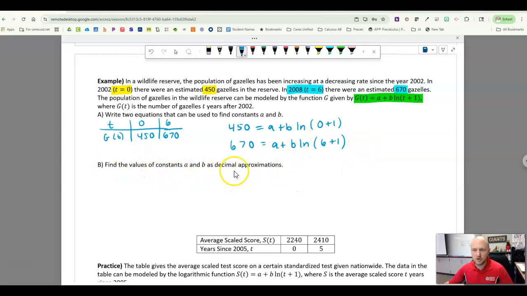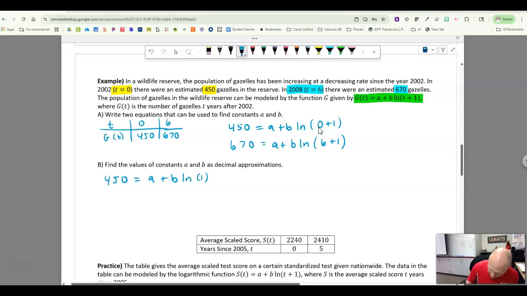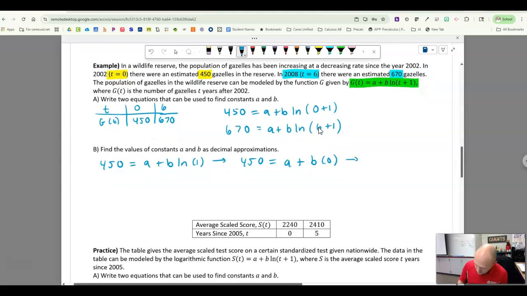So usually with this one, what's nice with a logarithm of 1 is that that is equal to 0. So if I go ahead and simplify this equation, 450 is equal to a plus b times the natural log of 1, this is 450 is equal to a plus b times 0, because the natural log of 1 is 0, which implies that my a value is equal to 450.